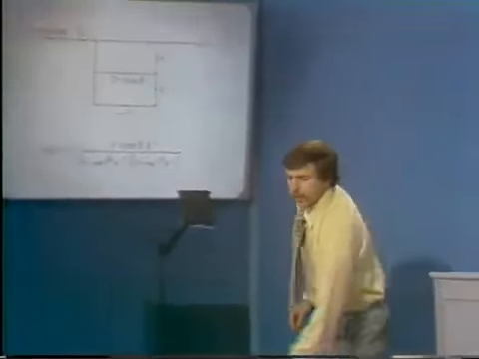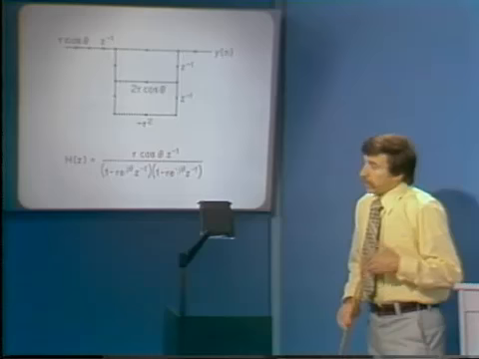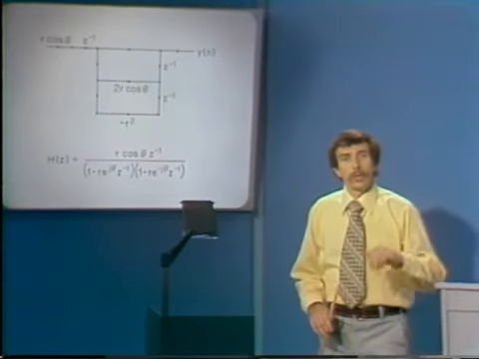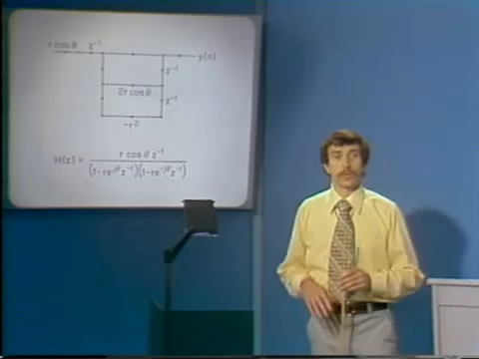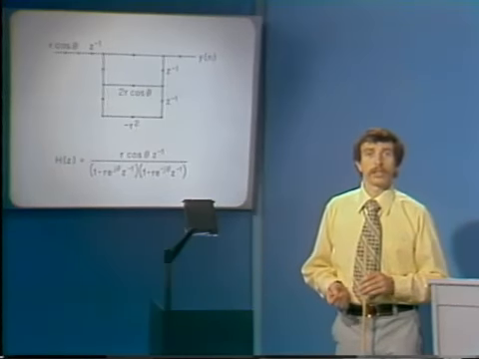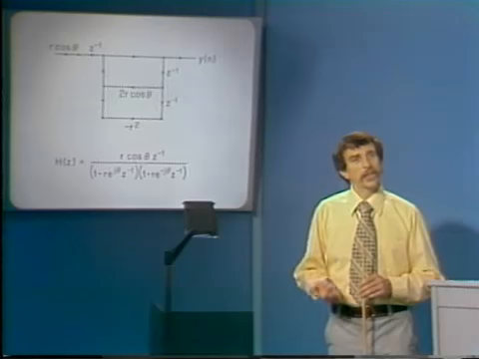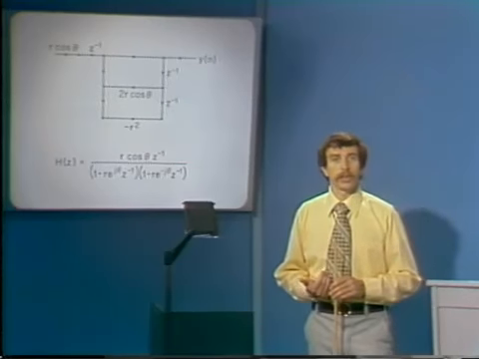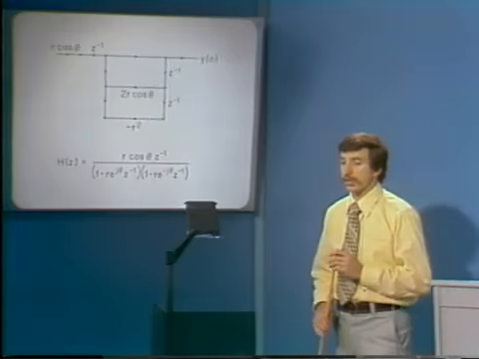Based on the discussion that we've just gone through, it might be advantageous from the point of view of parameter quantization to implement a system as a cascade or parallel combination of first or second order sections, and let's make them second order sections.